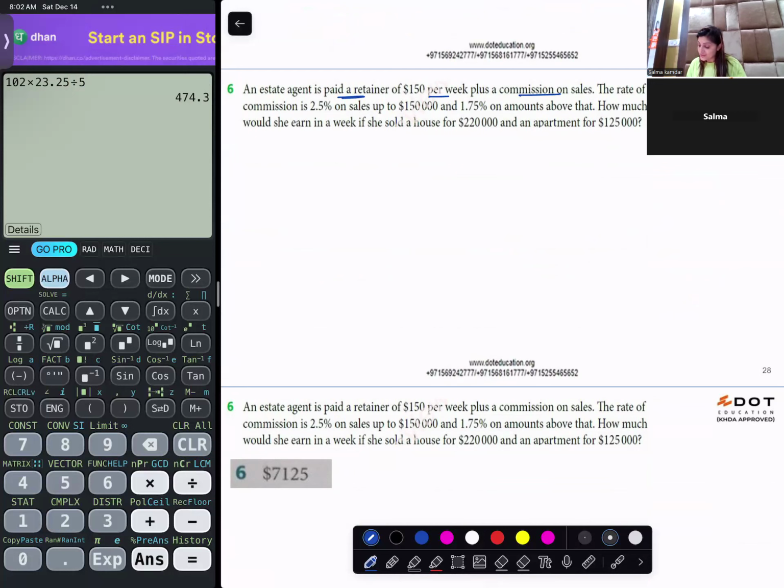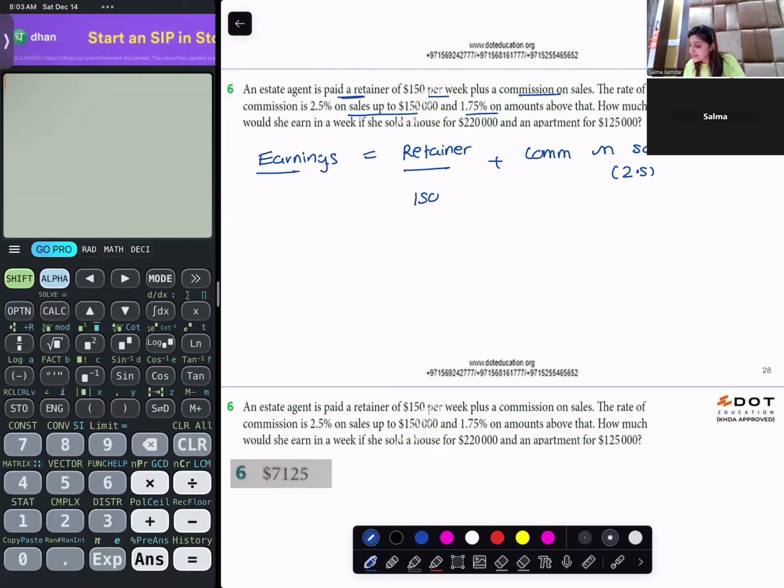The earnings of the estate agent is the retainer of 150 plus commission on sales, that is 2.5% on sales up to 150,000 and 1.75% on amounts above that. How much would she earn in a week if she sold a house for 220,000 and an apartment for 125,000?